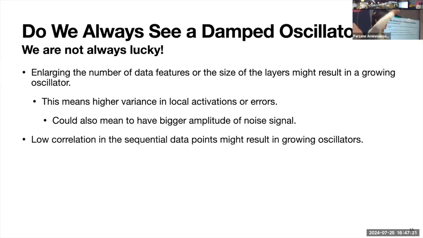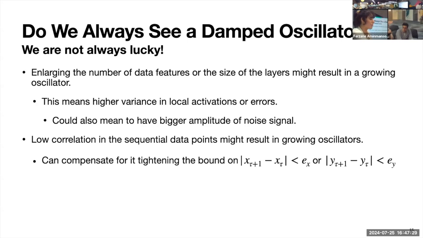Maybe I see a growing oscillator instead, and I never converge, right? It can be due to two main reasons: enlarging the data or network, and also fast or sudden big changes of the environment between the data samples.